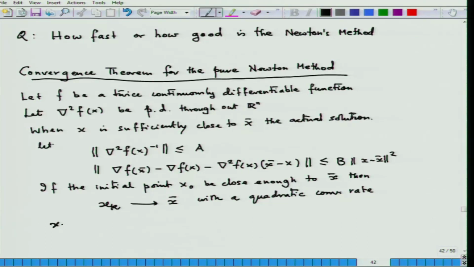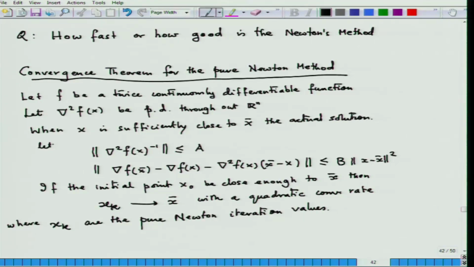Now, where x_k are the pure Newton iteration values. There is no, the alpha k is 1. Now you might ask me, what about this, too many conditions.